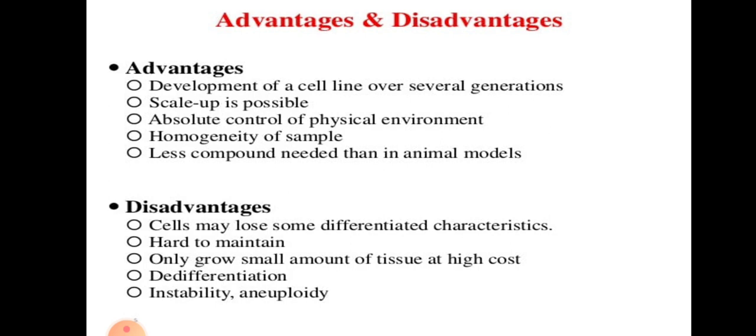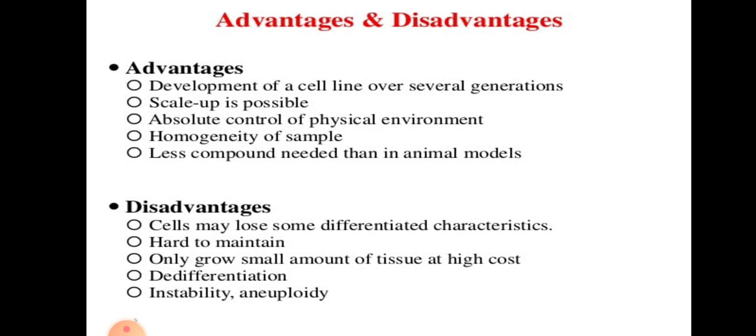Scale up is possible, as this technique can be used to generate high yielding hybrid varieties that have special characteristics. Next, absolute control of the physical environment, as the tissue is kept in a proper nutrient medium.